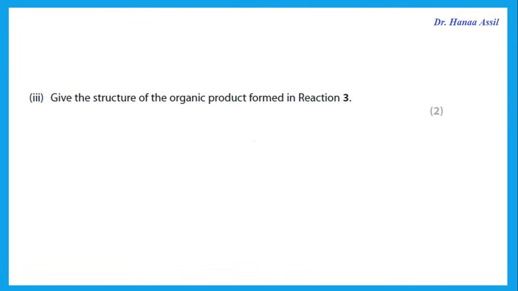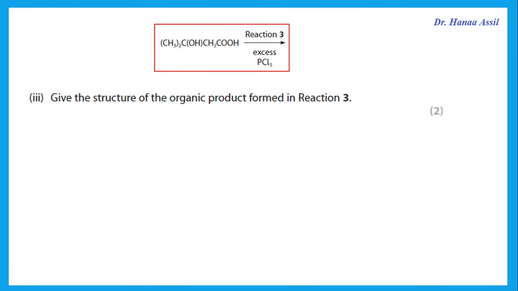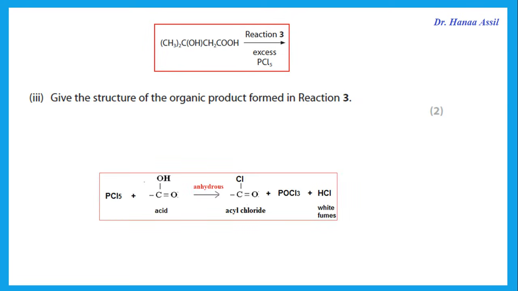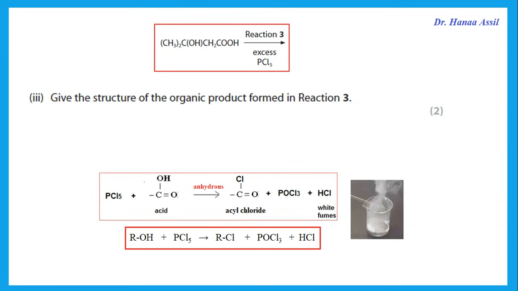Give the structure of the organic product formed in reaction 3. This was reaction 3. So we are reacting this compound that has an acid part and an OH part with excess PCl5. You should remember that PCl5 can react with the acid. In that case, it forms acyl chloride. It can also react with alcohol to replace the OH with the Cl.